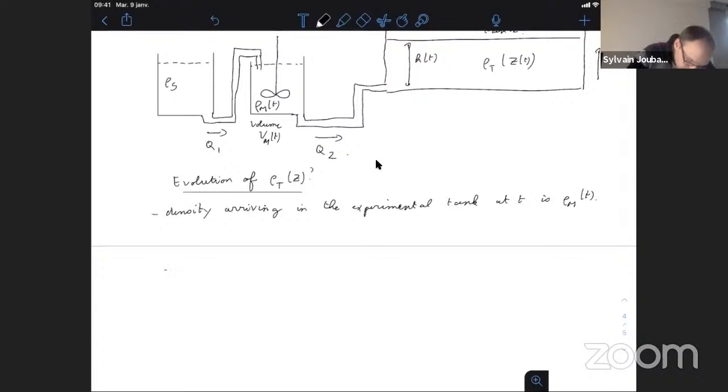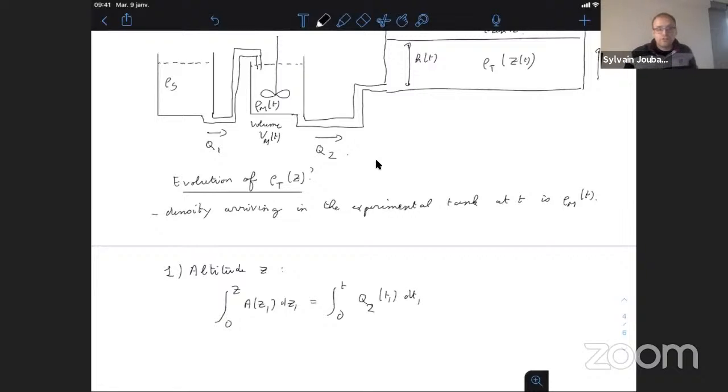Then first, the altitude z is obtained by saying that the integral between 0 and t of the flow rate Q2 minus Q1, dt.